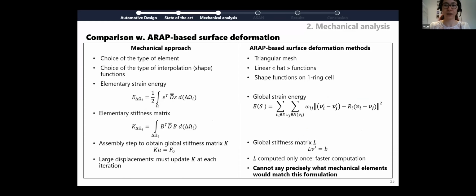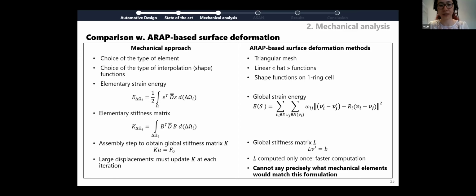And besides, even in each approach, we can get what is called a stiffness matrix. In mechanical approaches, to handle large displacement, this matrix has to be updated at each iteration, whereas for ARAP-based methods, the stiffness matrix is computed only once, which allows for faster computation.